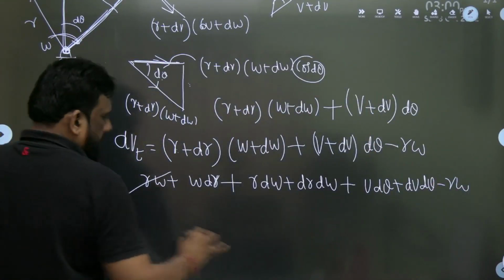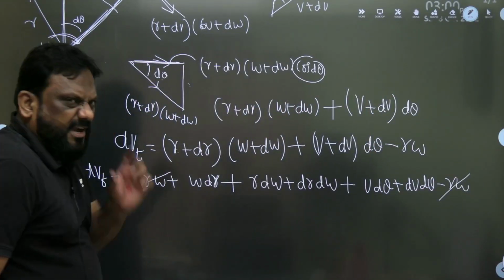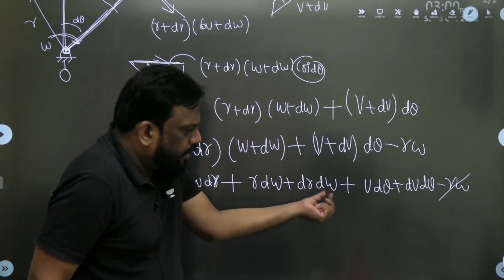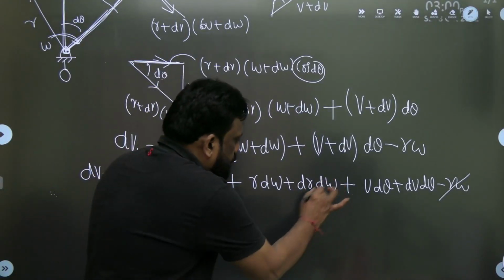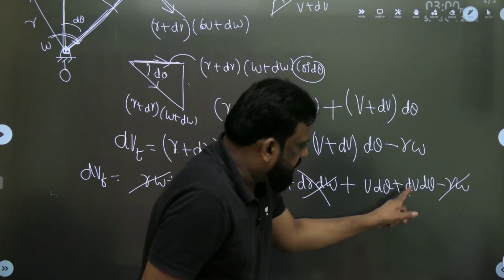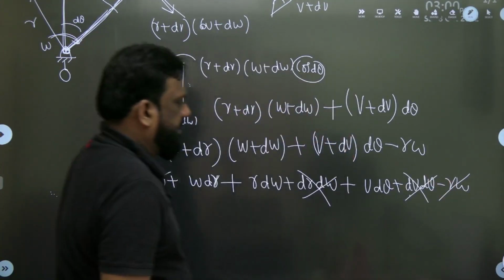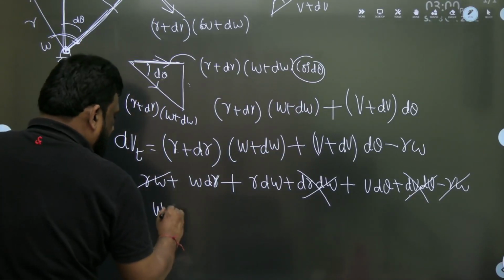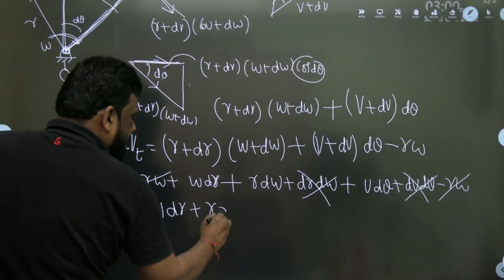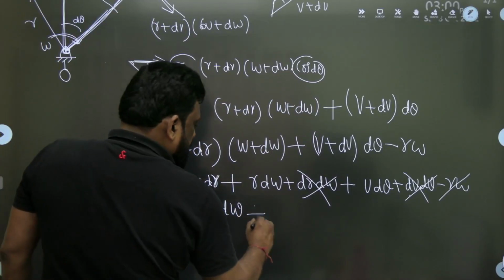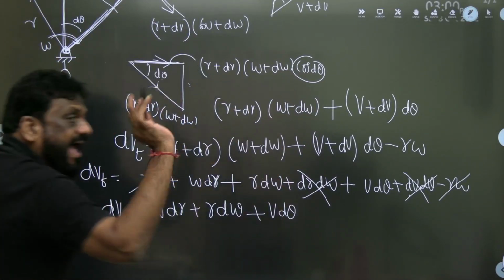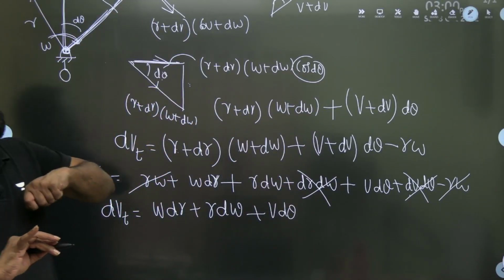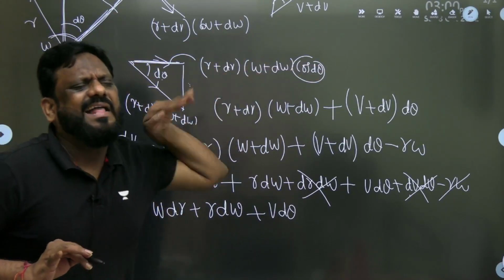Wait, r omega is gone, and you know dr is very small, d omega is very small, the product of two small quantities is very small. dv is very small, d theta is very small, the product of two quantities is very small. So the change in velocity in the tangential direction is given by omega dr plus r d omega plus v d theta. Now I want the acceleration of simultaneous rotation and sliding in the tangential direction.